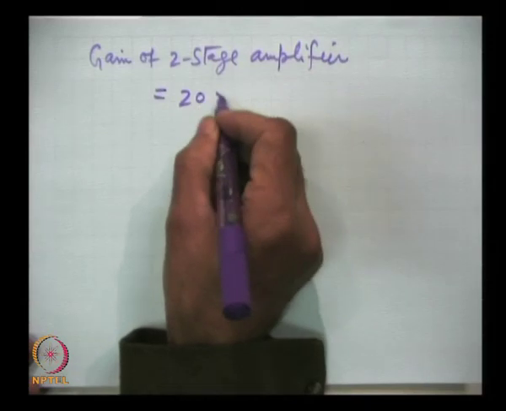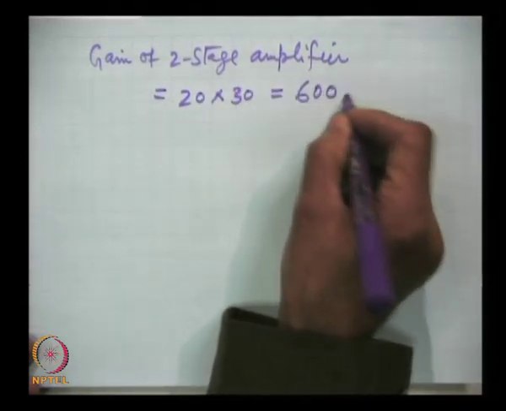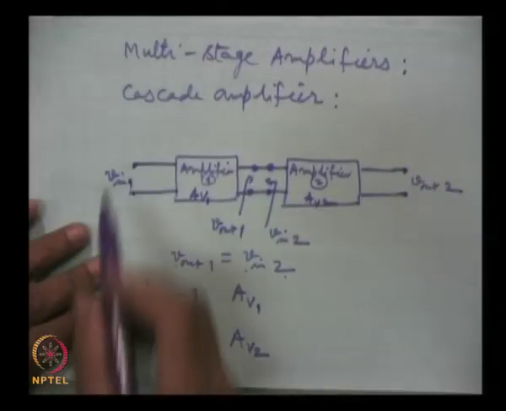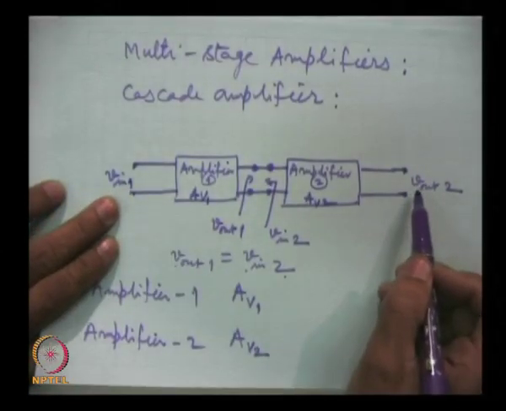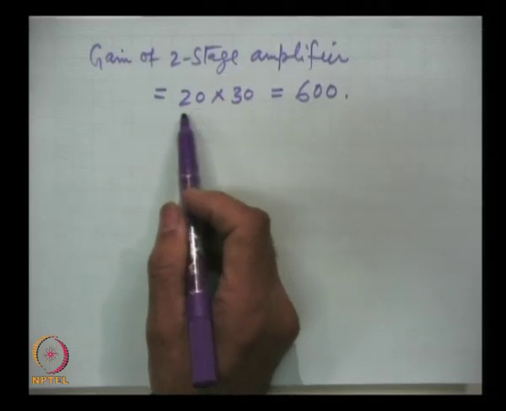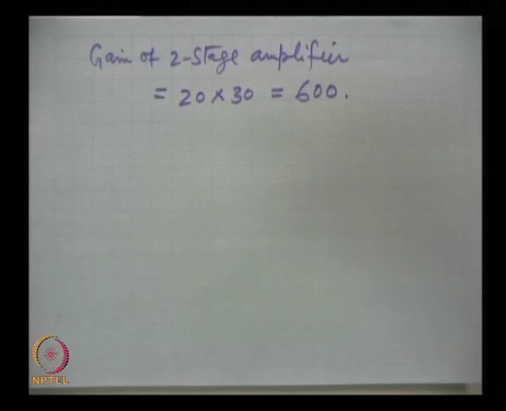So, 20 into 30, this is 600. If we feed here 1 millivolt, it will appear at the output as 600 millivolts if the gains of the individual stages are 20 and 30. So, it is a big gain.